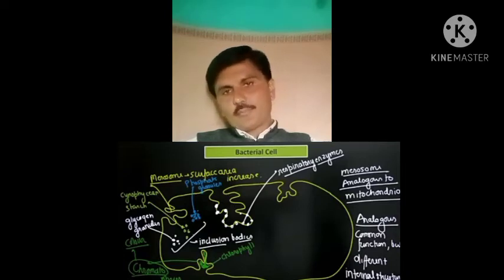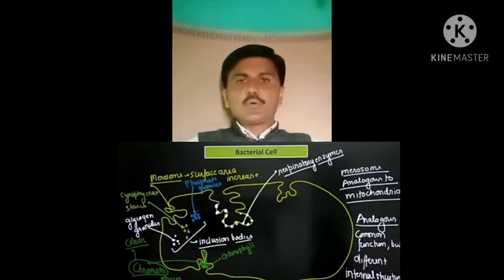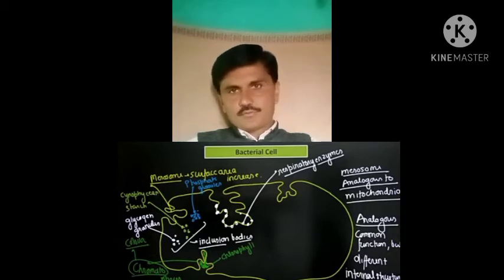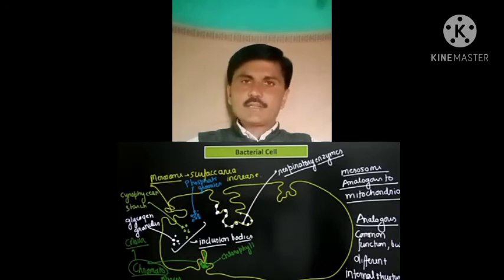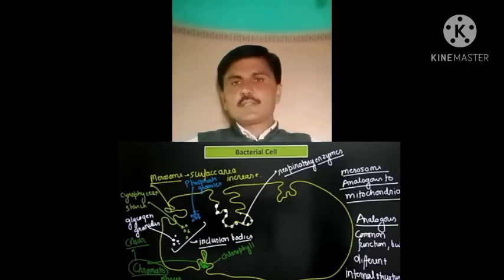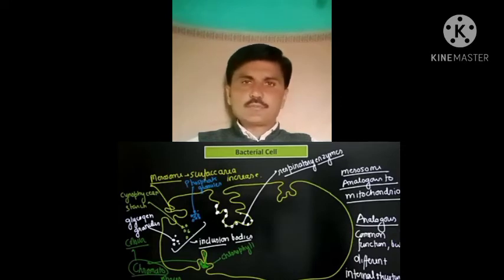These chlorophyll pigments are known as chromatophores. They are enfolded in the mesosome tubes.